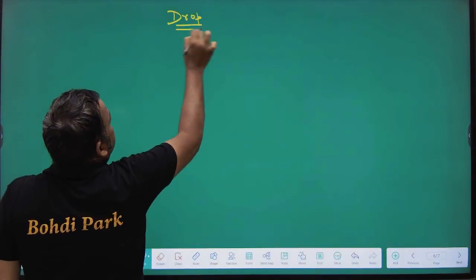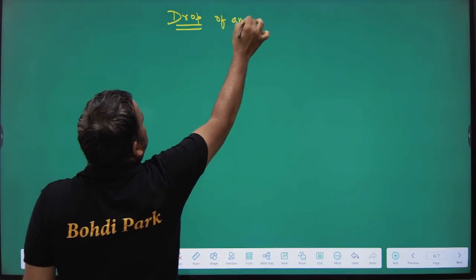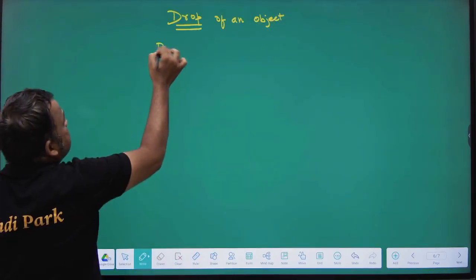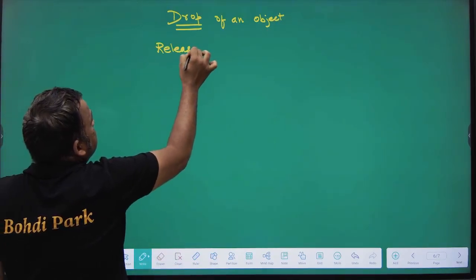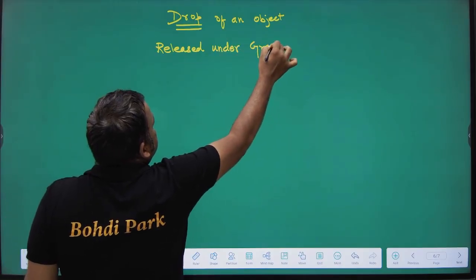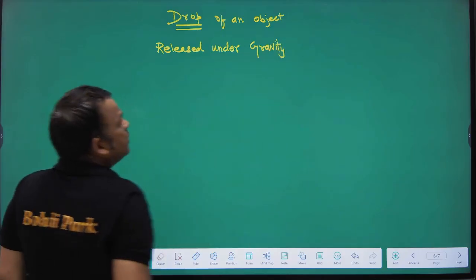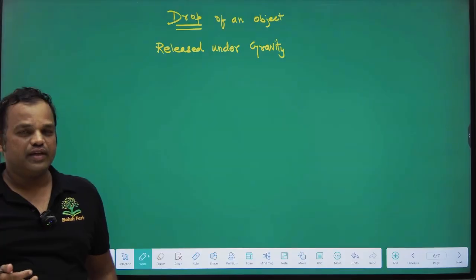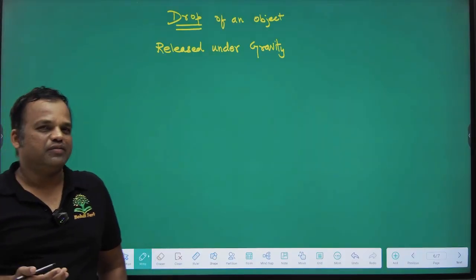Let's consider drop of an object. We can also call it released. Released under gravity. So when something is released under gravity, what is the initial velocity?